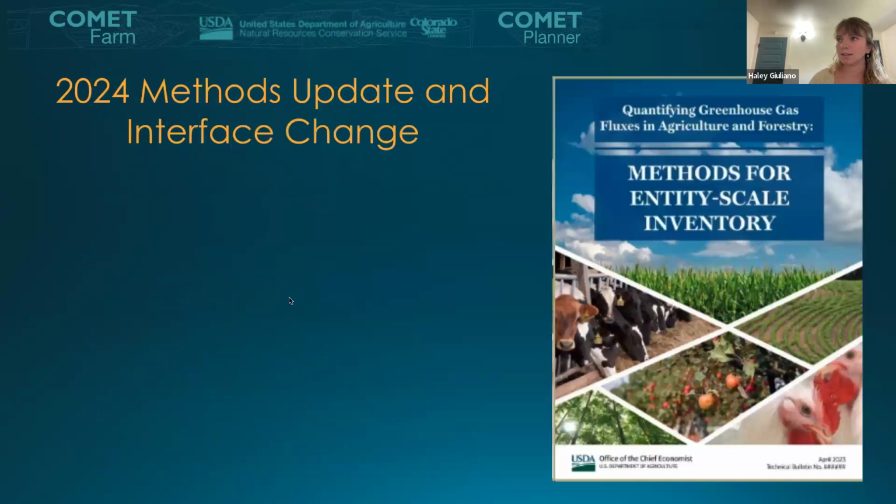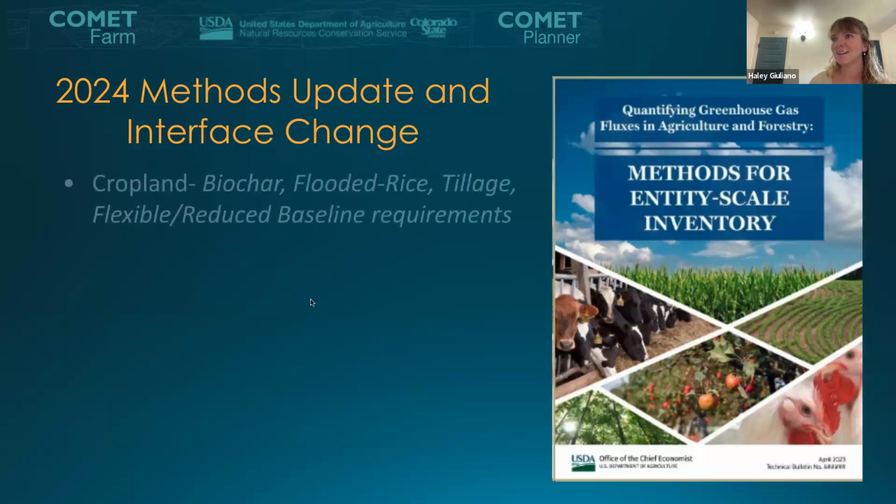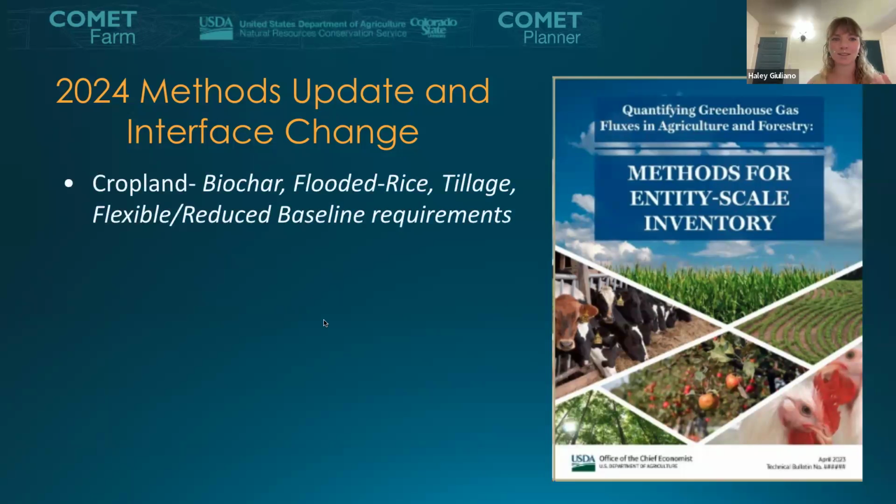And then, which I'm sure you're all aware of as well, the long-awaited new methods update. I did mention before that USDA periodically releases updated methods for entity-scale inventory assessment. This was recently released, I believe about a month ago, and it'll be a few months until COMET-Farm is able to catch up.